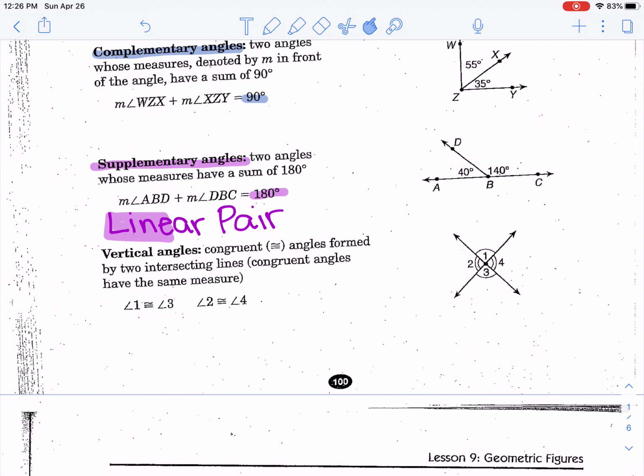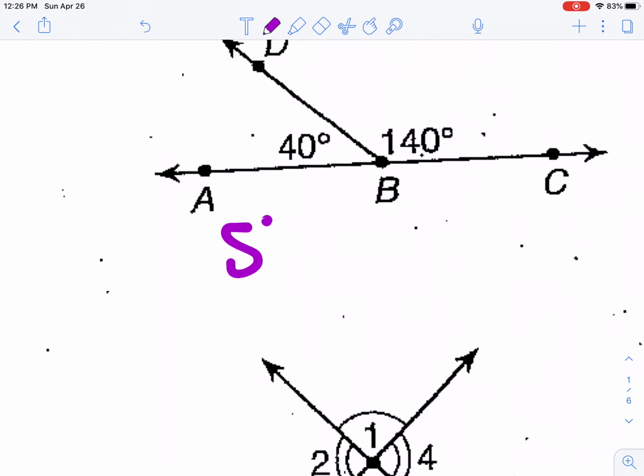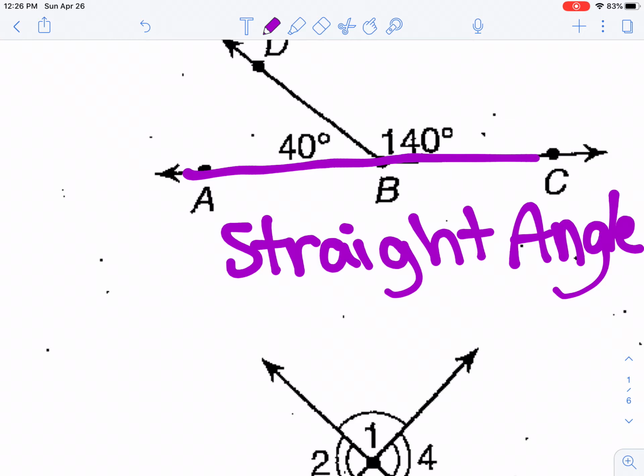Oh, wait, is there another thing I could call these? Yeah, I think so. I could call them a straight angle. Angle ABC is a straight angle.